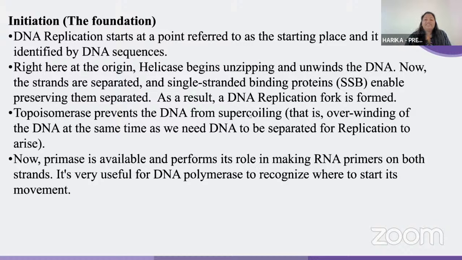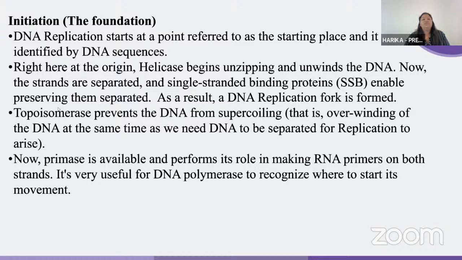Also, single stranded binding proteins bind to this strand, and they don't like to bind to the other strands, so the strands will be separated. As a result, the replication fork is formed.